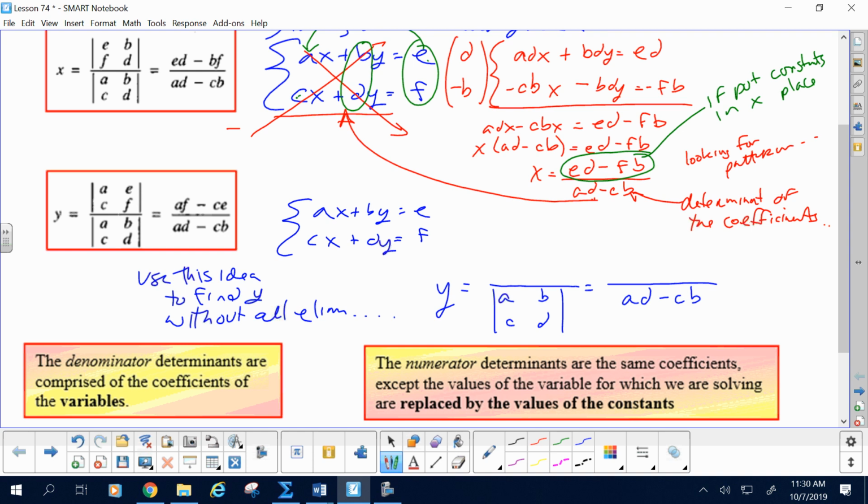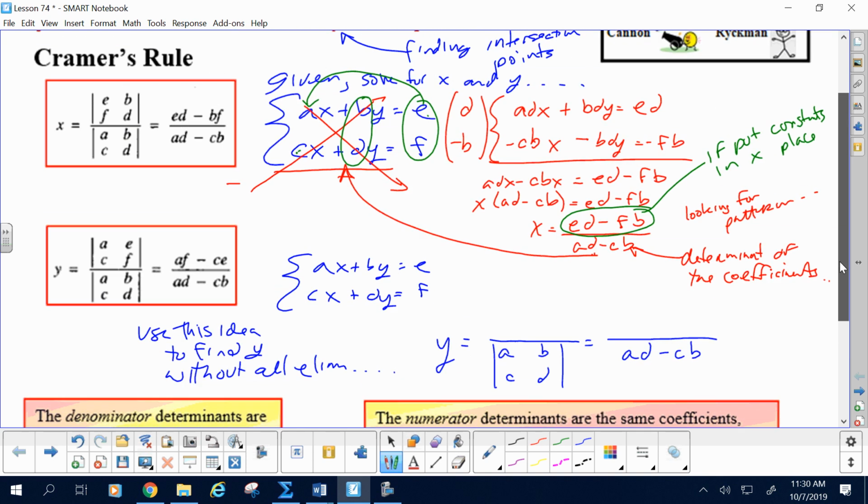Now the top was the one that was a little more complicated. Remember, the top came from taking this e and f and placing it in place of the x coefficients. But that's what we did to find x. To find y, we'll probably want to take the e and f and put them in place of the y coefficients.